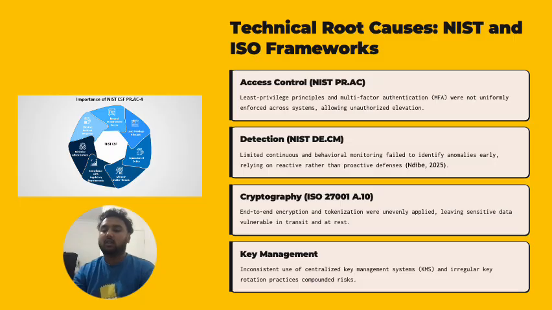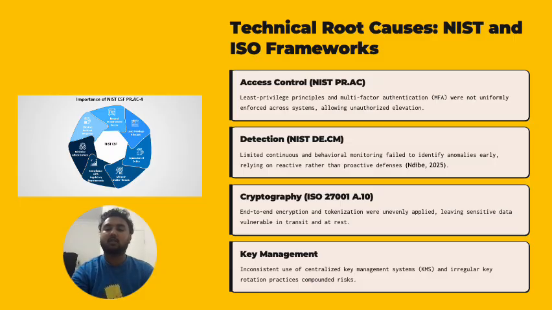Next is detection. The company lacked proper continuous monitoring. They relied too much on reactive methods instead of proactive detection, which means the intrusion went unnoticed for too long. For cryptography, encryption technology was not applied consistently, leaving some sensitive data exposed both in transit and at rest.